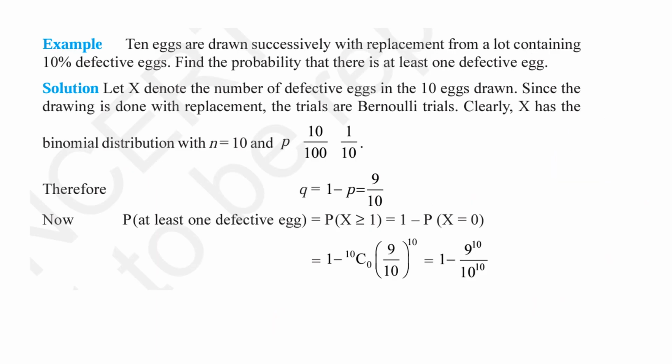Let's see one more example. 10 eggs are drawn successively with replacement from a lot containing 10% defective eggs. Find the probability that there is at least one defective egg.